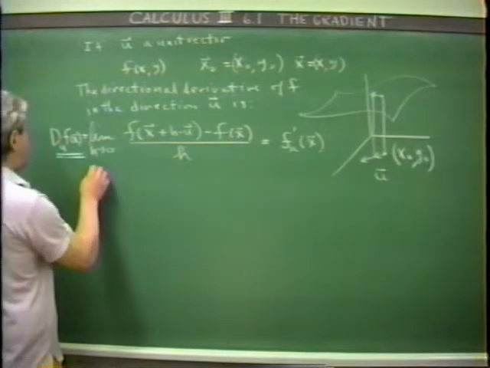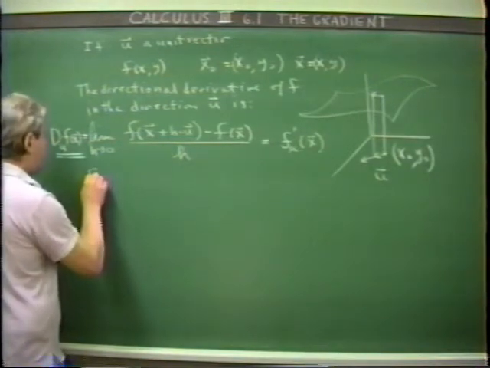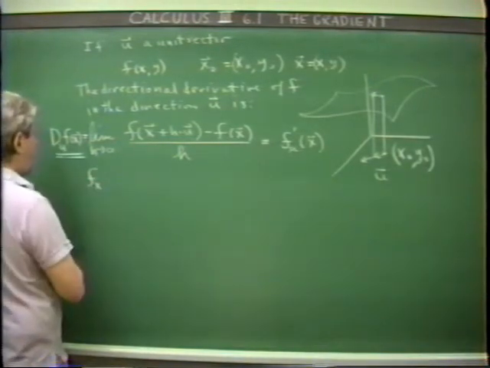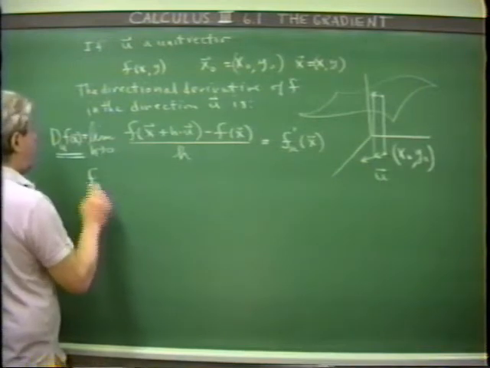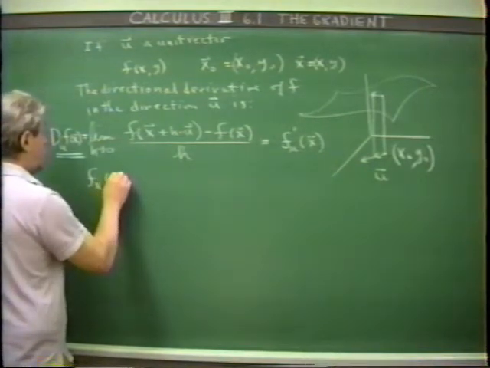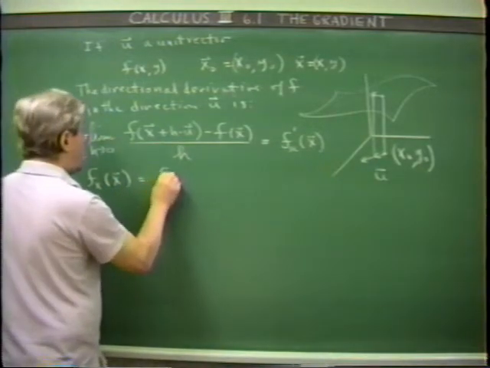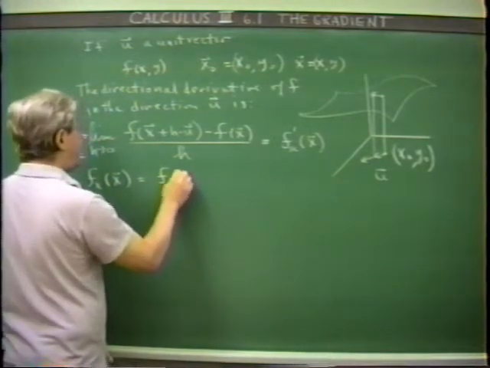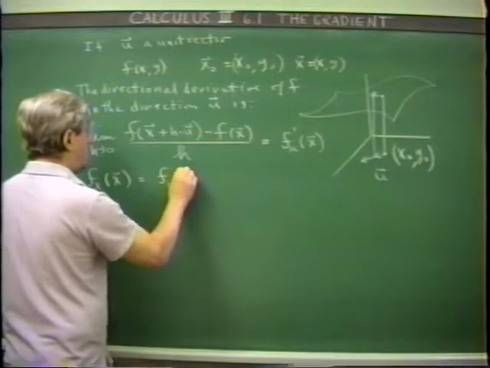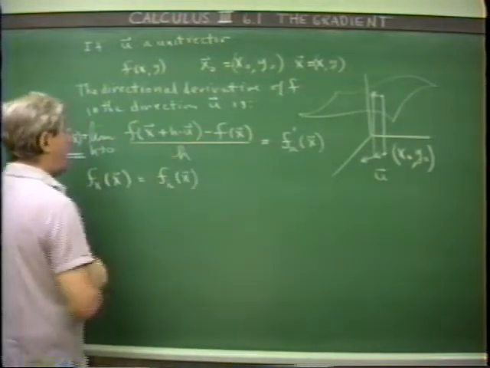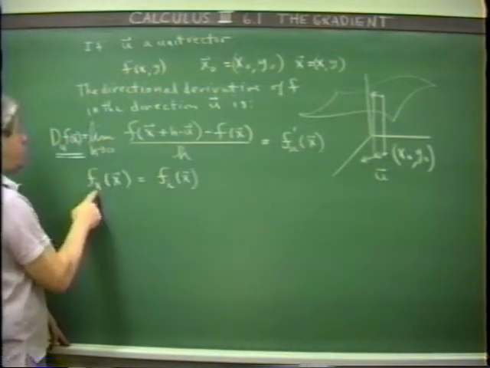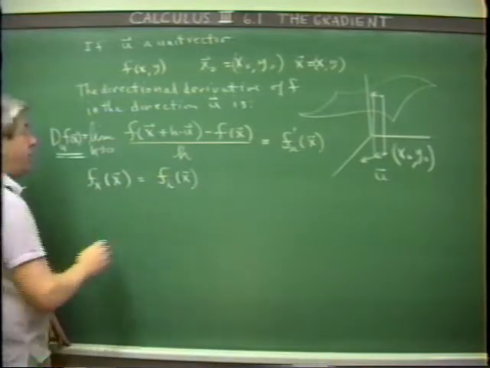However, let's note the following: the partial derivative of f with respect to x at a point x is the directional derivative in the i direction. So if u here is i, then the directional derivative is the partial with respect to x.